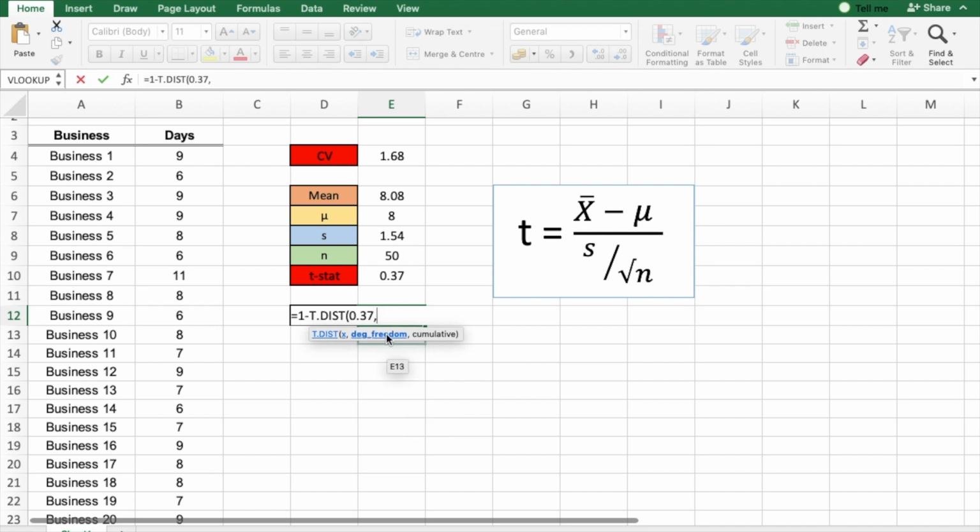Then it wants the degrees of freedom, which is 50 minus 1, which is 49. And it wants the cumulative argument, so we will select TRUE. We click enter. So you can see the p-value is 0.36.